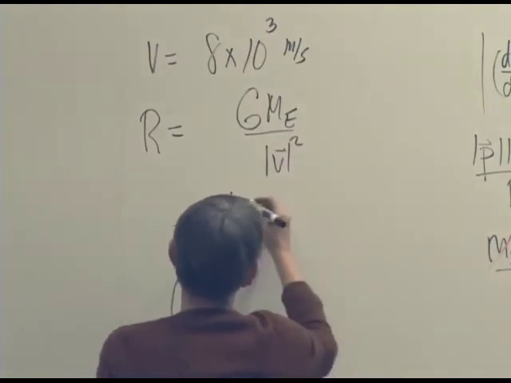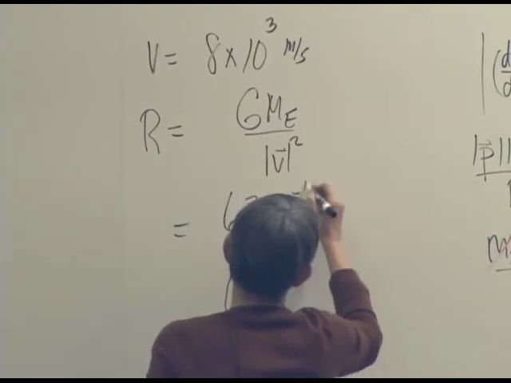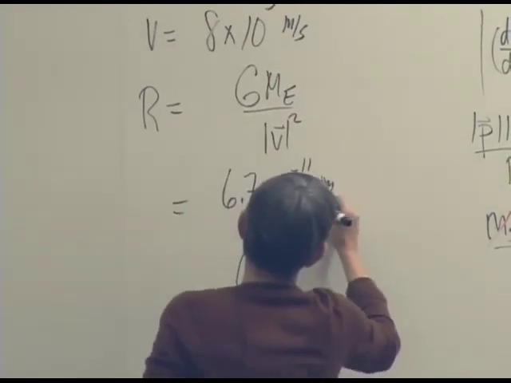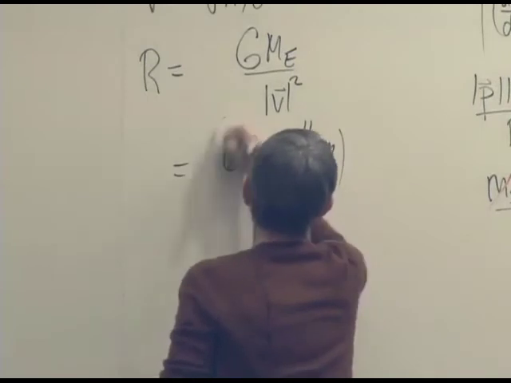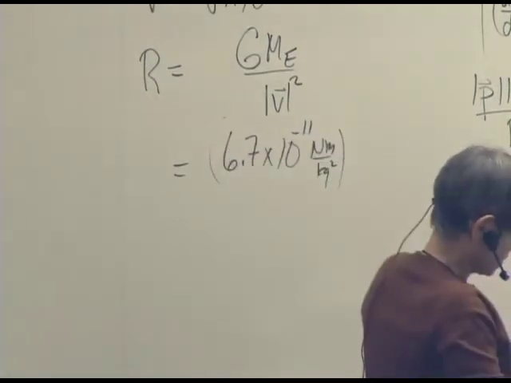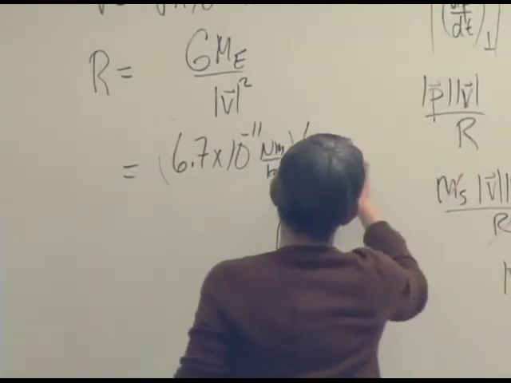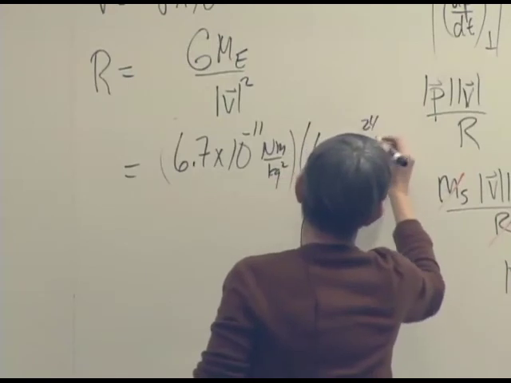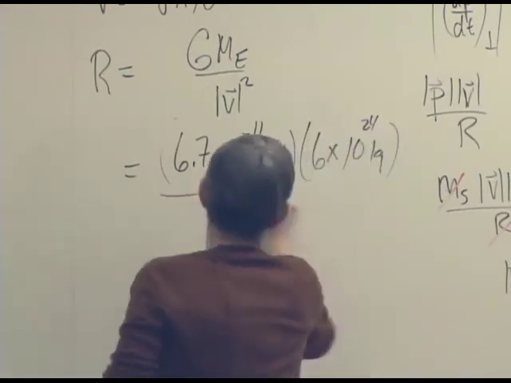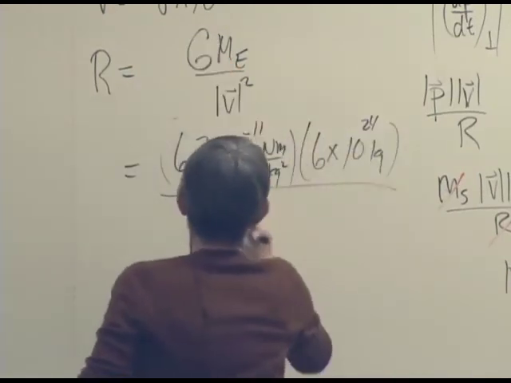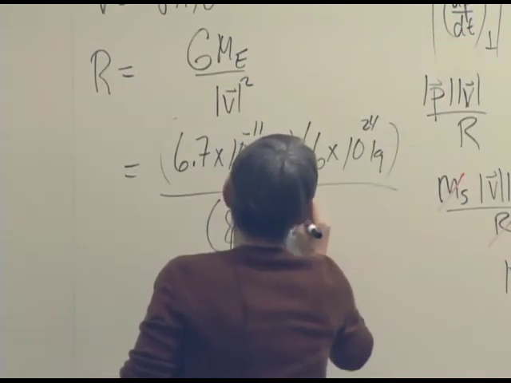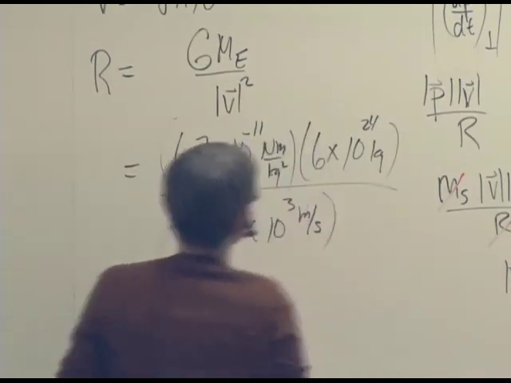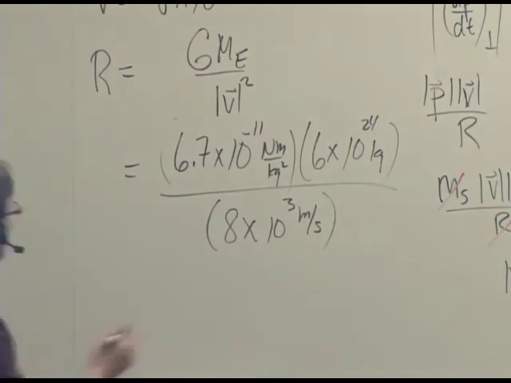So we have 6.7 times 10 to the minus 11 newton meters squared per kilogram squared. What's the mass of the Earth? 6 times 10 to the 24 kilograms. We decided it was going 8 times 10 to the third meters per second.